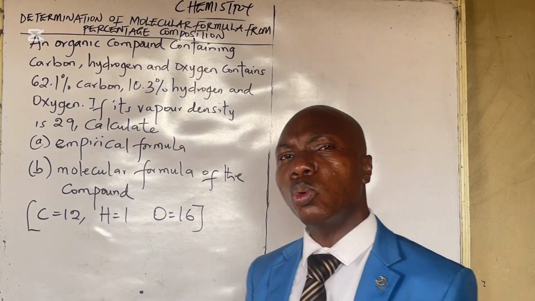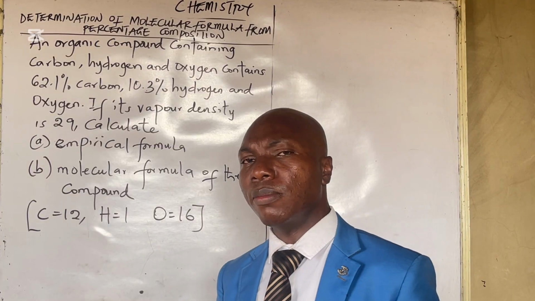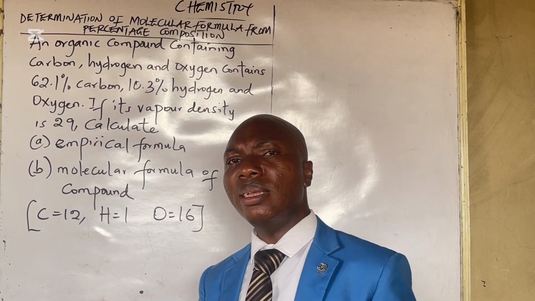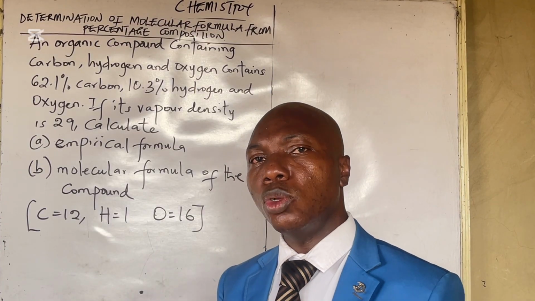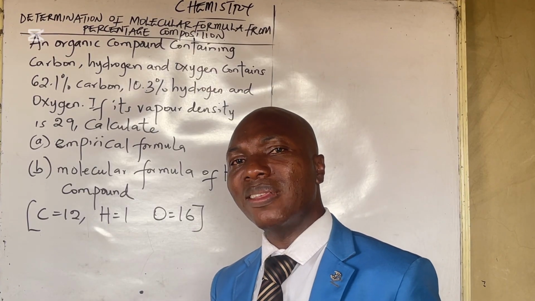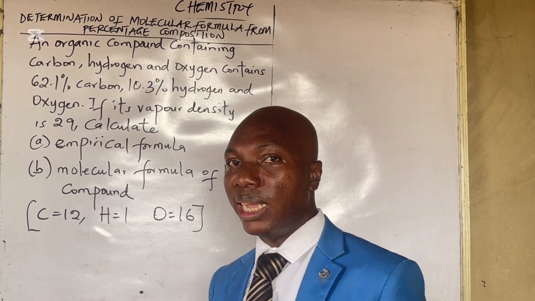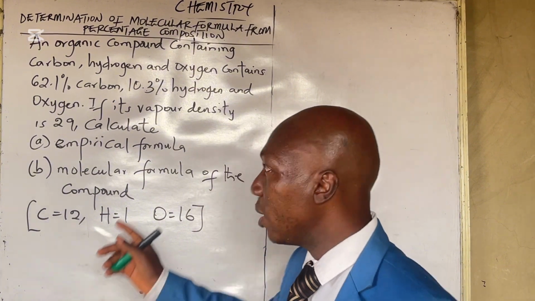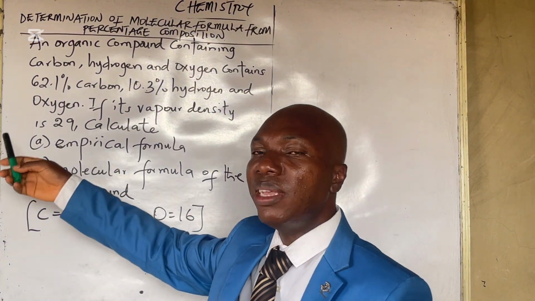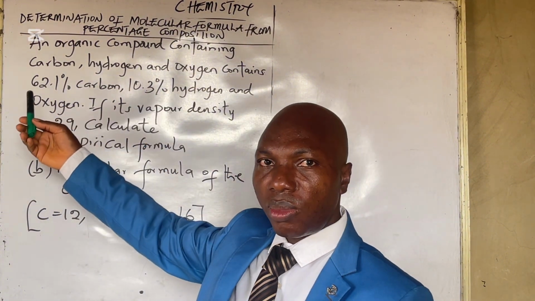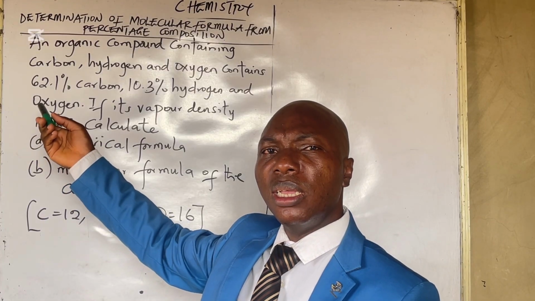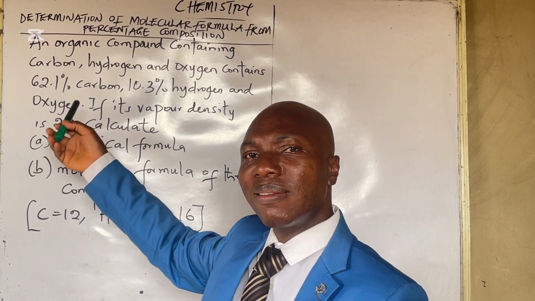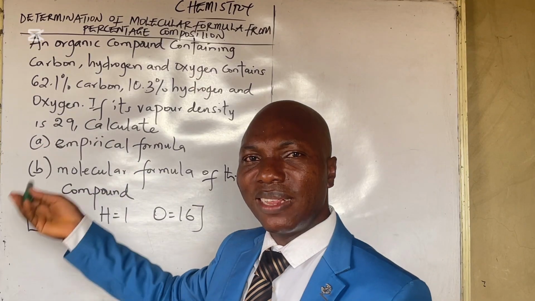Note, in this question you were given vapor density. To calculate the relative molecular mass, you just say relative molecular mass is 2 times vapor density. Don't forget that. So let's continue with the work. We're given the mass of the compound's elements in form of percentages.